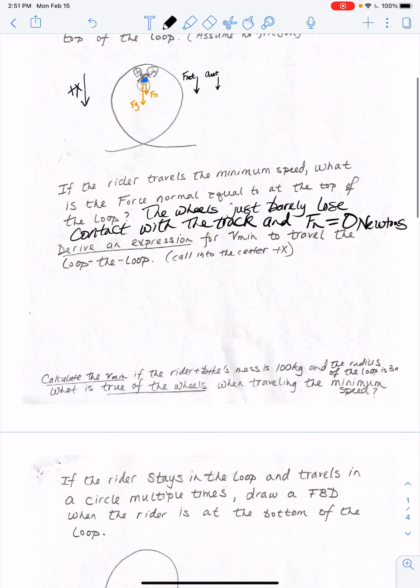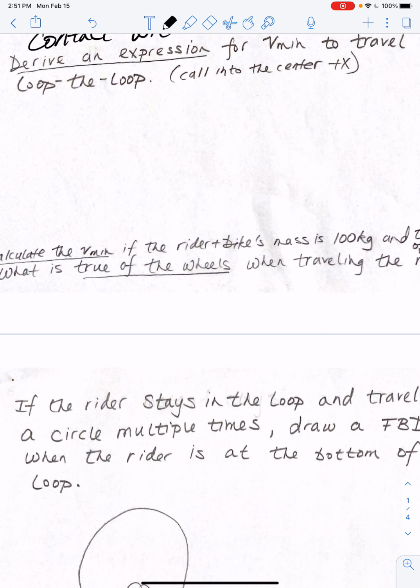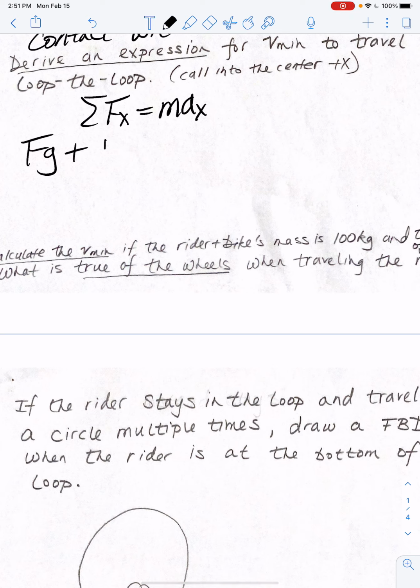Okay, so in this case, then let's sum our forces in the x direction. I think I have room down here. Set it equal to m a x. So our positive x forces, obviously force gravity and force normal. We have the mass of the bike plus the person. It's just one mass. And then their acceleration into the center is going to be a sub c.